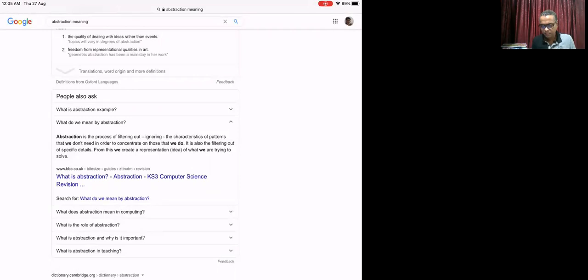It says abstraction is the process of filtering out or ignoring the characteristics of patterns that we don't need in order to concentrate on those that we do. It is also the filtering out of specific details. From this, we create a representation or an idea of what we are trying to solve.